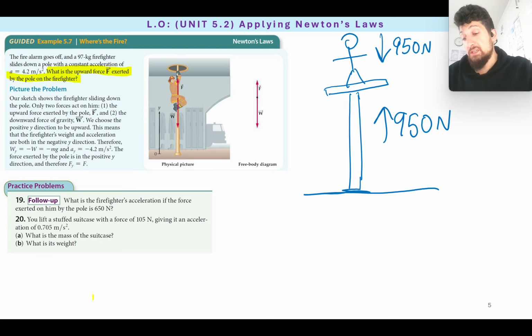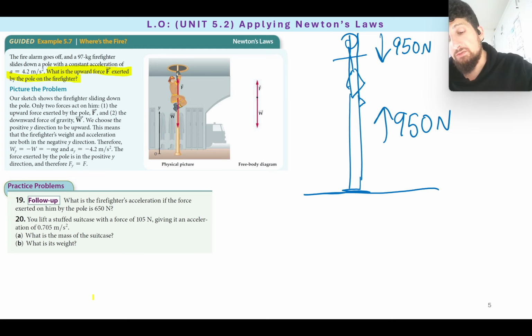The situation here is that the firefighter is sliding down the pole, and the pole isn't pushing up with 950 newtons, because if it was, then the firefighter wouldn't be moving. Except it's taking some of the weight, but it's not taking the whole weight.